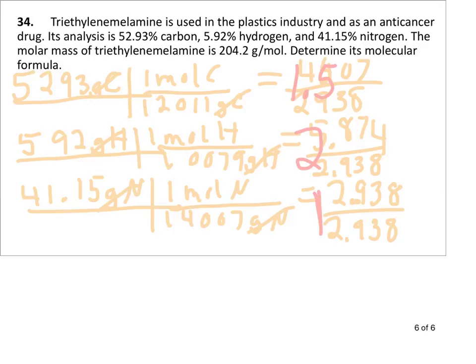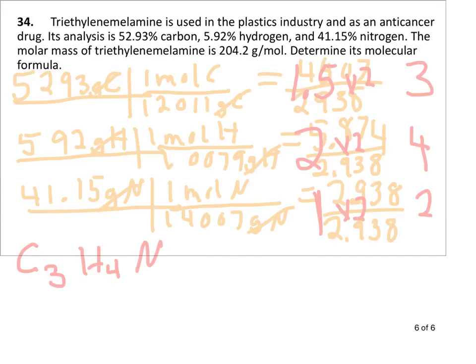Got to get rid of the decimal. The 0.5 is multiplied by 2, so we take them all by 2. That gives us a 3, a 4, and a 2. Meaning our empirical formula then must be C3H4N2.